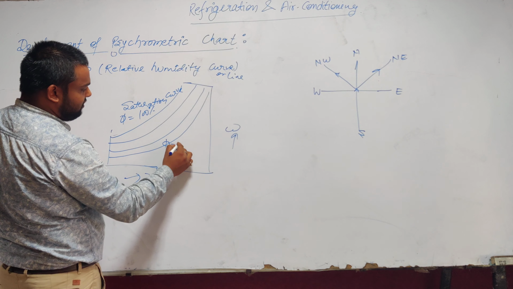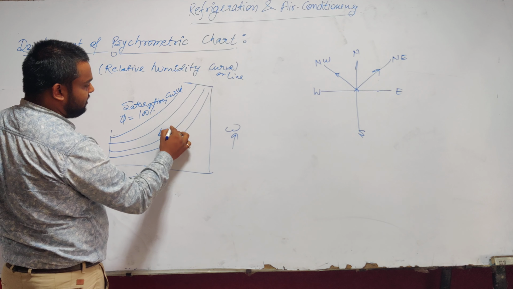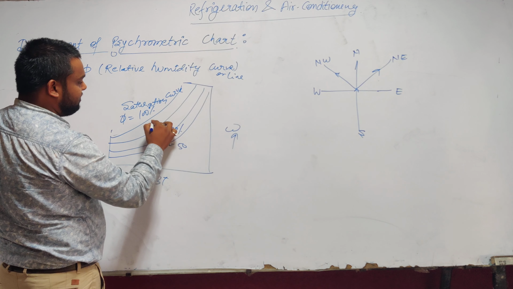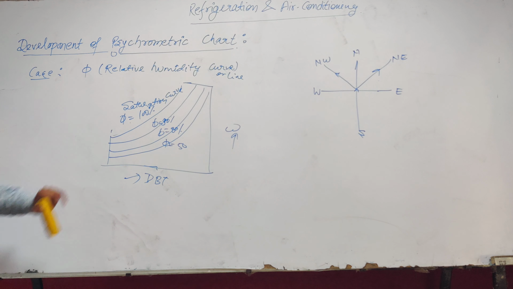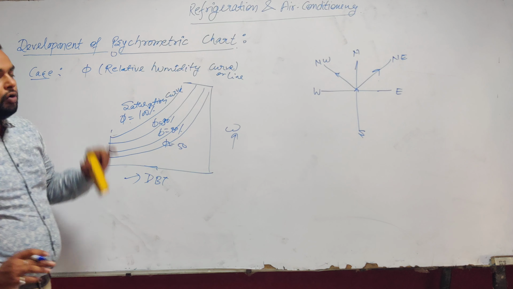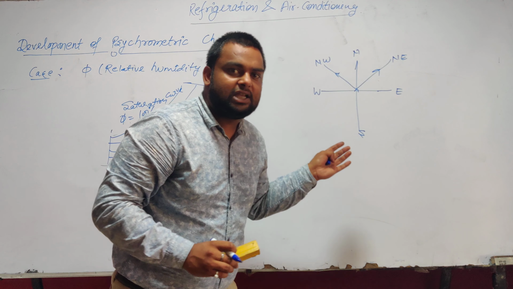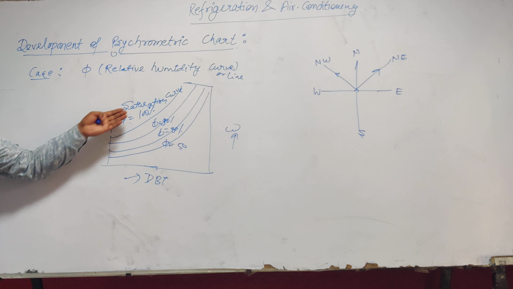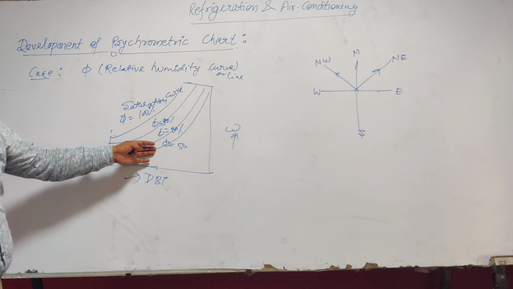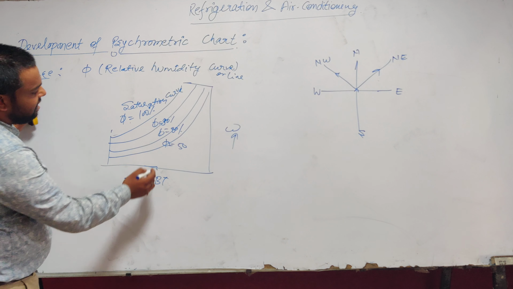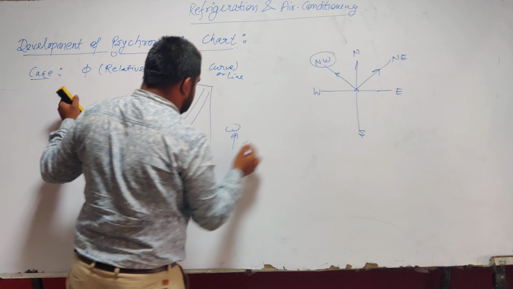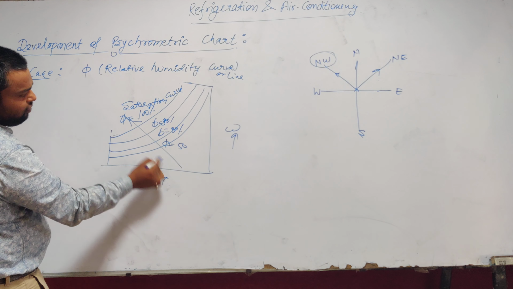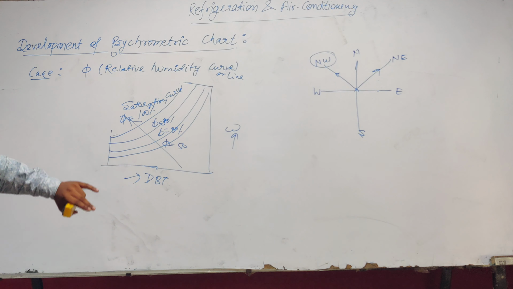Like this is 50%, this is 80%, this is 90%, and this is 100%. We can see that constant relative humidity curves are parallel to the saturation curve and increase in the northwest direction. They are also uniformly spaced.